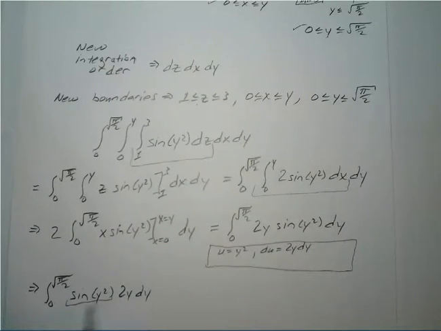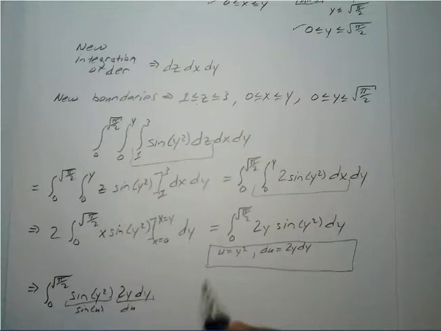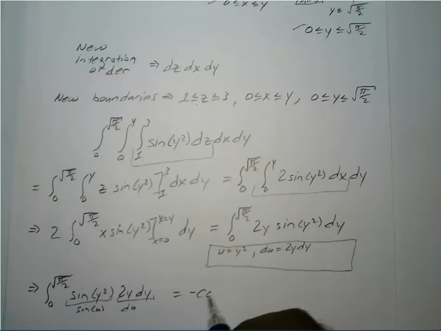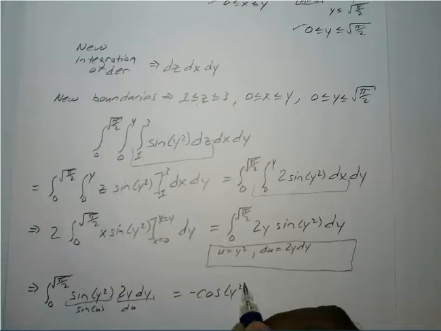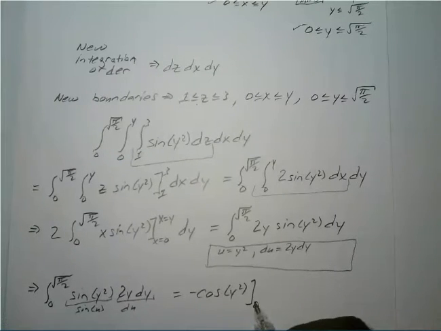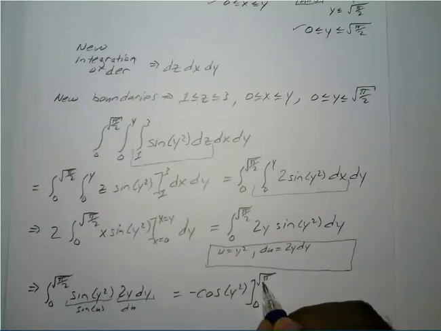We have our integral of sine of u du, which is equal to negative cosine of u. So that's negative cosine of y squared, and that's from 0 to square root of pi over 2.